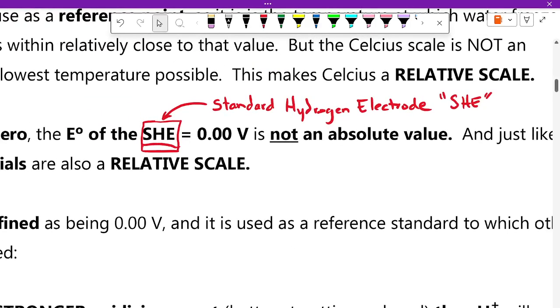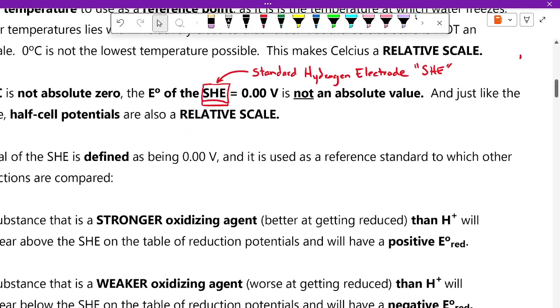That 0 is not an absolute value. It is a relative scale, which is what we were just talking about. Okay? All right.